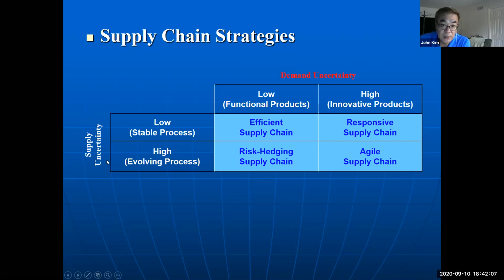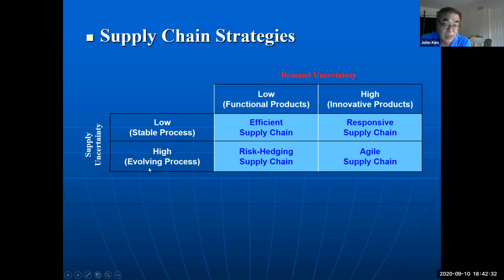Supply side uncertainty: for a stable process, already matured, product supply is stable. So anytime a manufacturer can get supply, and cheap. So supply uncertainty is low for a stable process.